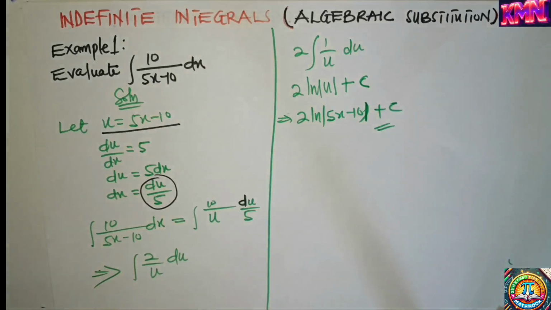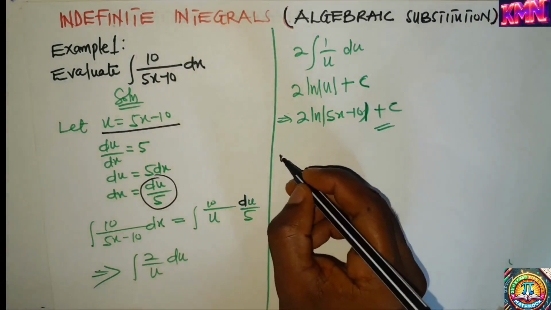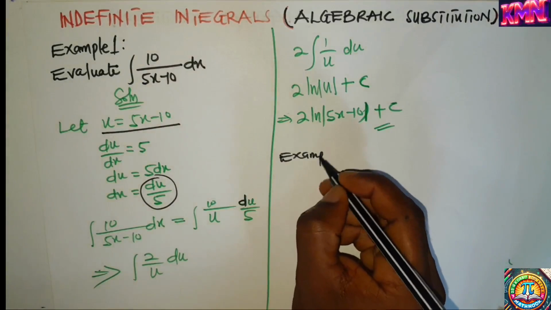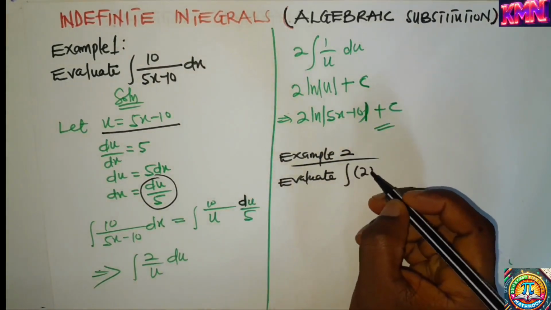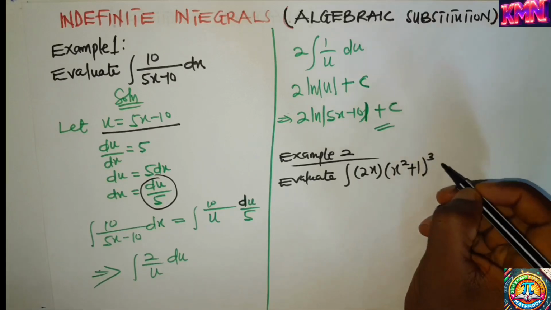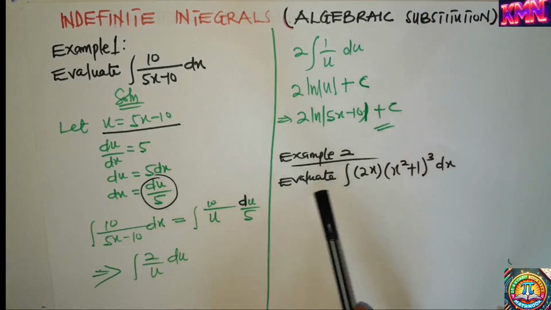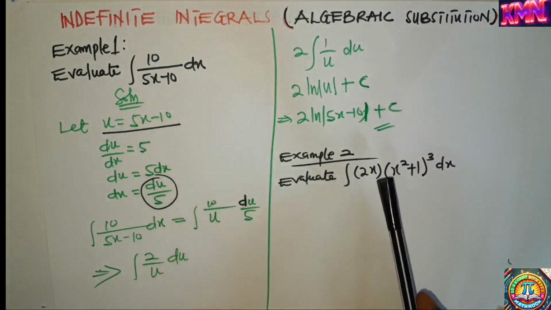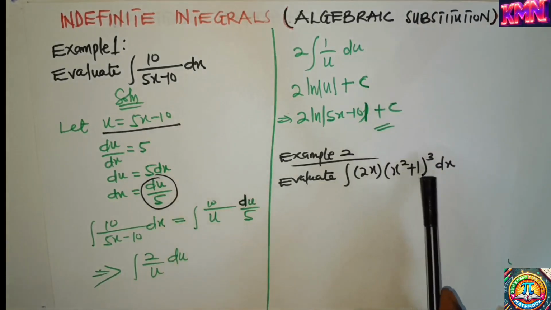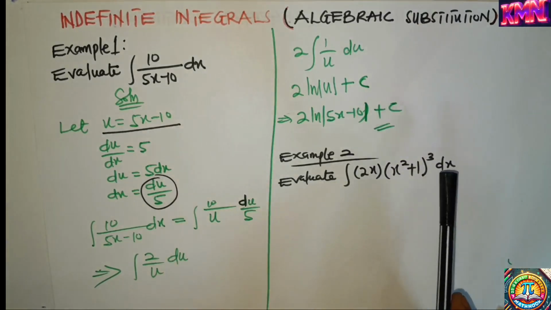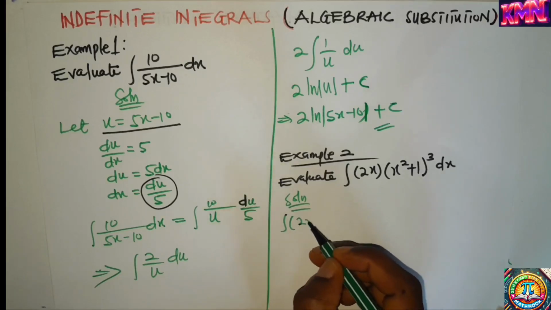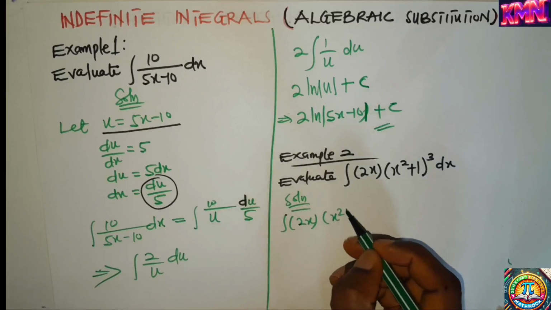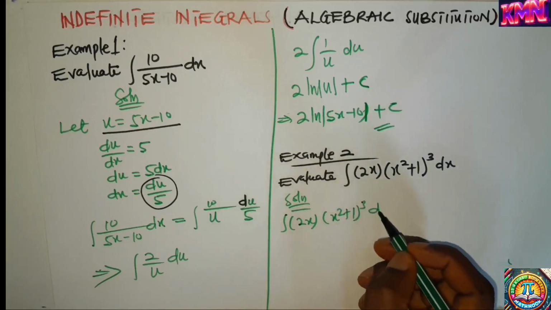Let's take our second example. Example 2. Our second example also says evaluate the integral of 2x times x squared plus 1 all cubed dx.